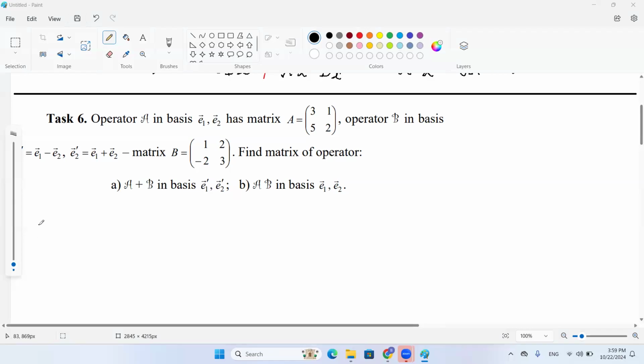So first of all, we are building the matrix T, the transition matrix, and it has the following form. So 1, minus 1 in the first column, and the second 1, 1. Finding cofactors.